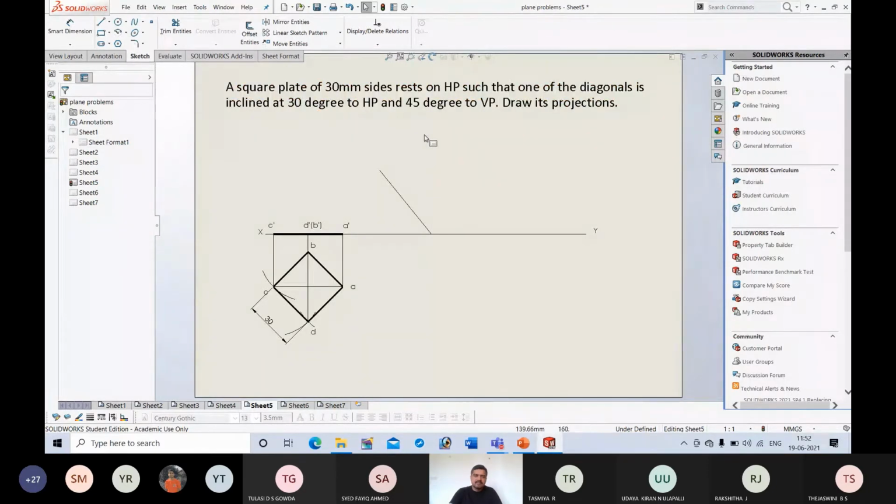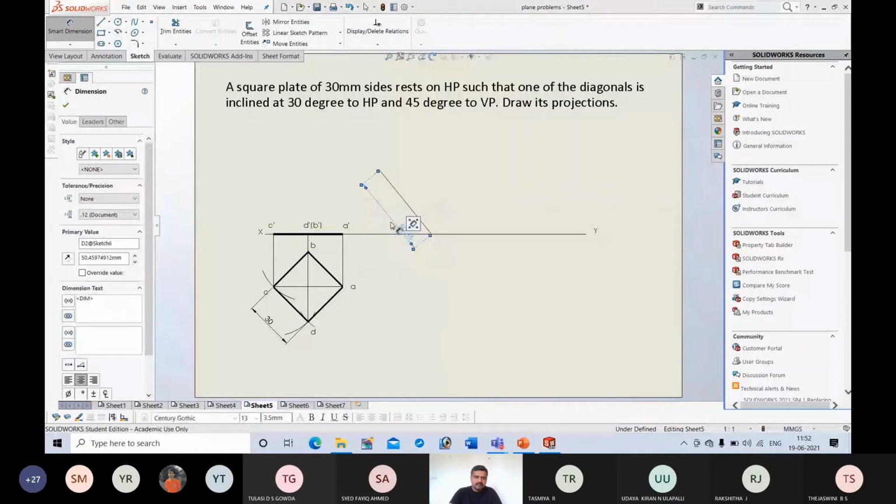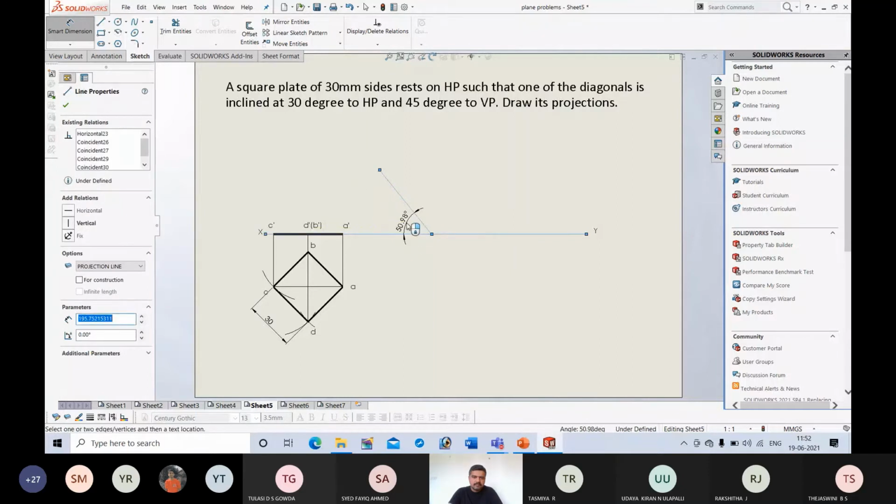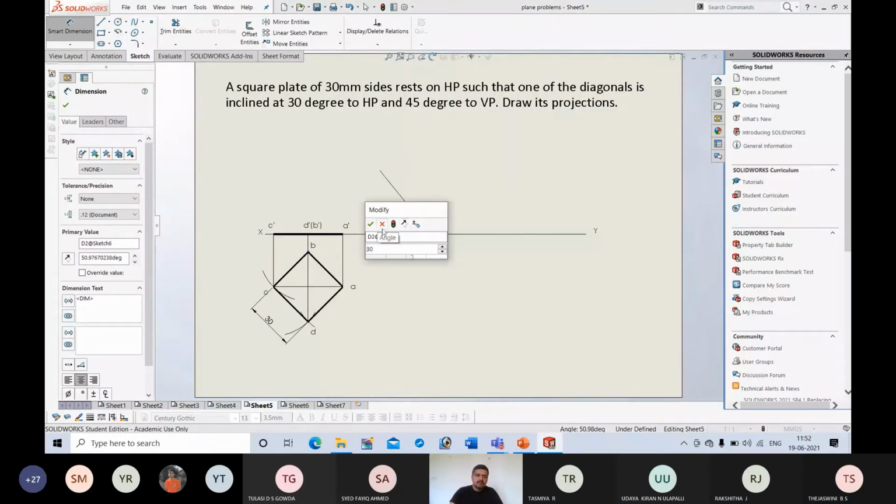If it is resting on VP, you should consider inclination with respect to VP first. So this angle should be 30. First, draw a line inclined at 30 degrees.